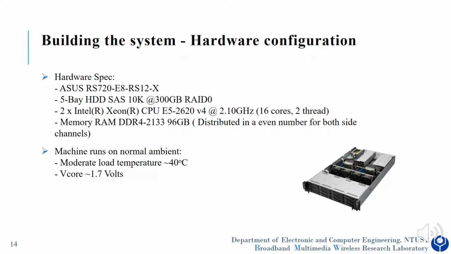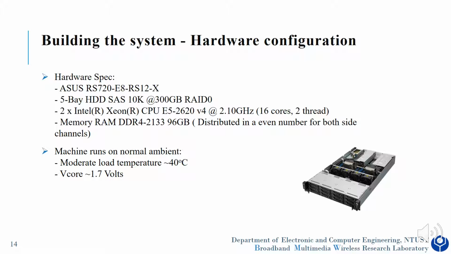In this machine, it has two Intel Xeon, 16 cores each, 2 threads, which has a total of 32 CPUs. The memory RAM uses DDR4 at a speed of 2133, 1696 gigabytes, with each module distributed evenly across both side channels.